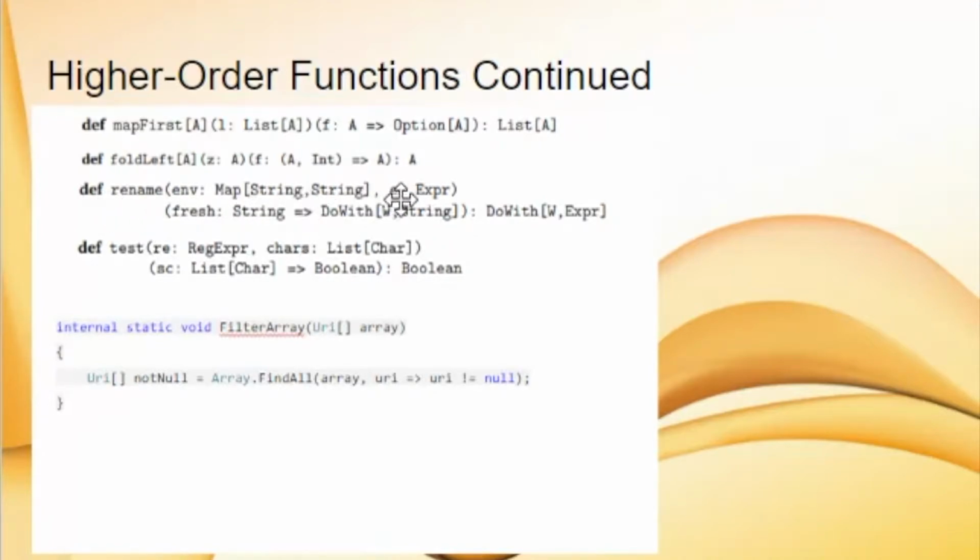Here we have our environment, our expression, all of that familiar jargon. And then here we see fresh, the function that we're passing in, and we're taking in a string and continuing to make it into a do with W and string.